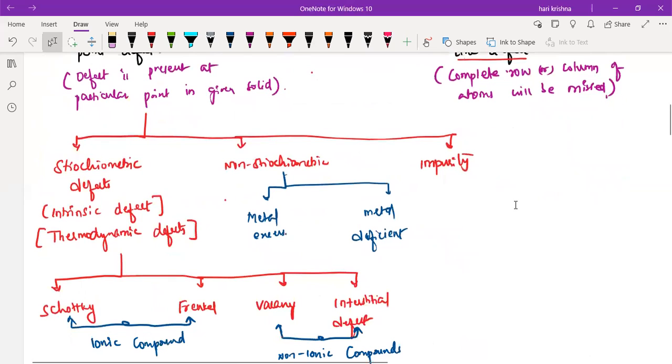Any doubts in the defects in the solids? Any doubts? Any doubts in this chart or any doubts in the defects in the solid? No, sir. Sorry. No, sir.